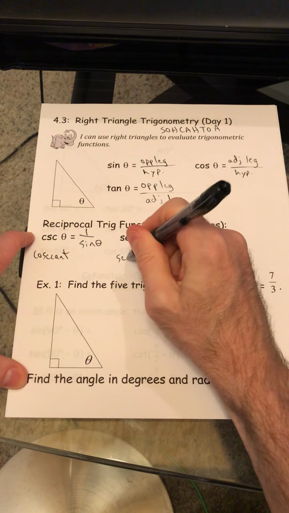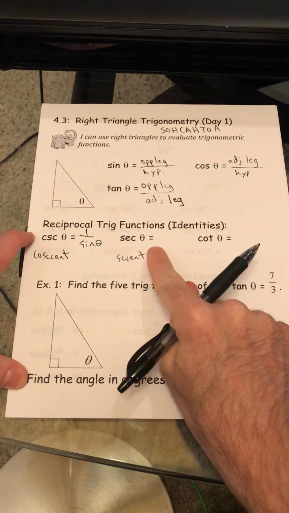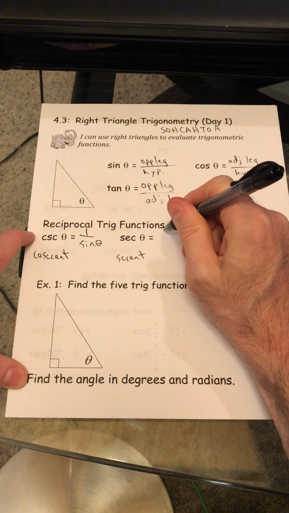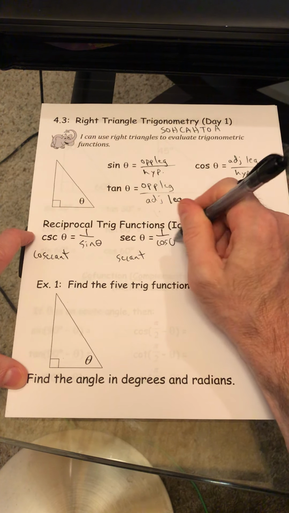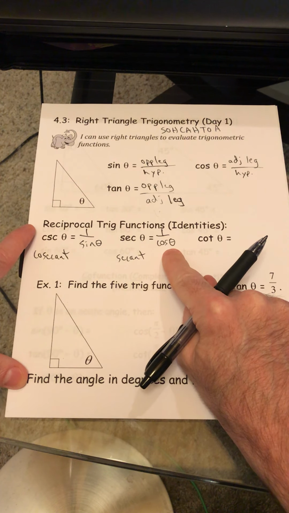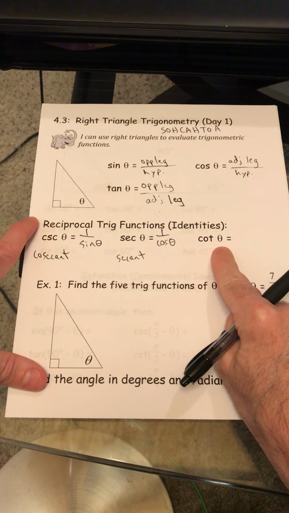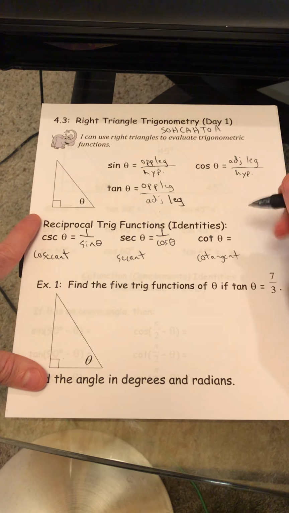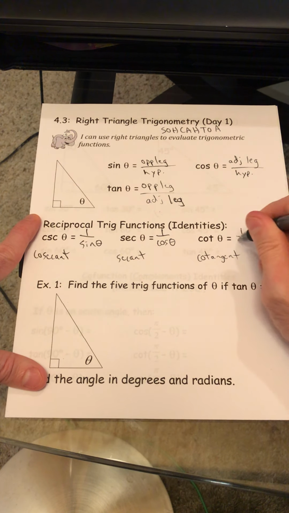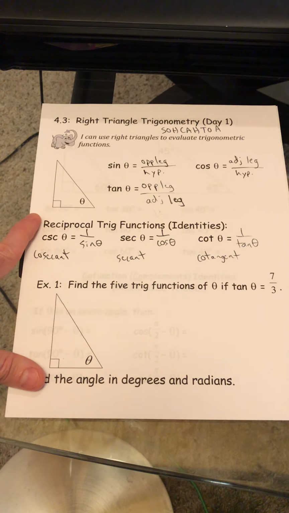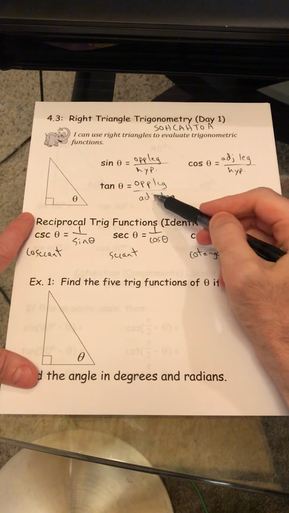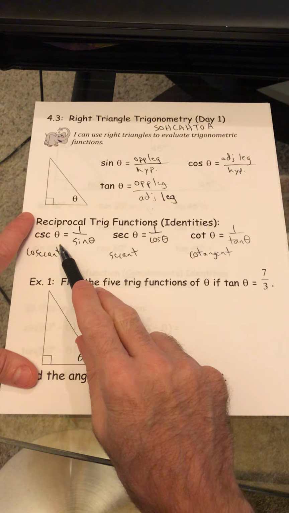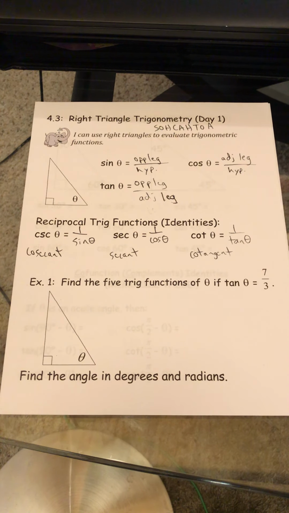Secant, which since these may or may not be new I want to write out, is the reciprocal of cosine. And cotangent is the reciprocal of tangent. So we have the 3 that you've all seen, and the 3 reciprocal ones that you may or may not have seen.